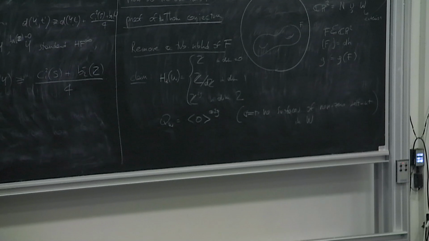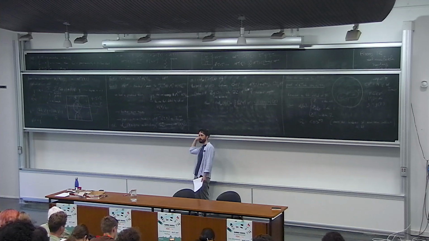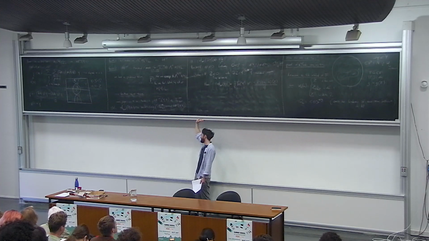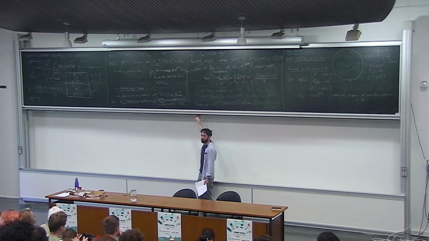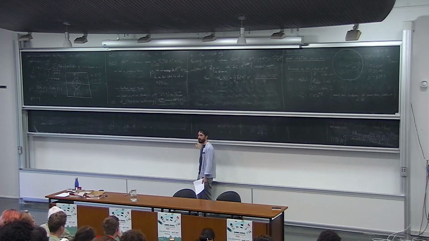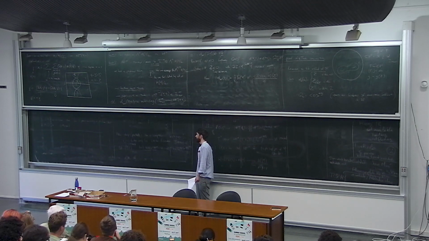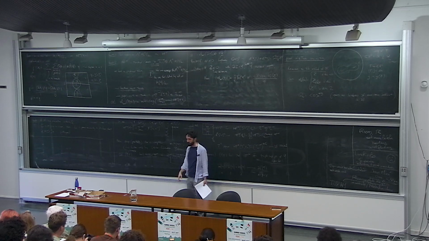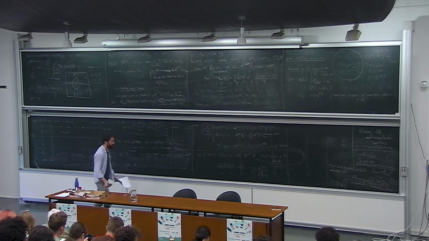Actually, you can describe very explicitly the set of surfaces that generates H2 of W. For those who know, these are called rim tori. And they're just tori that lie very close to the surface.